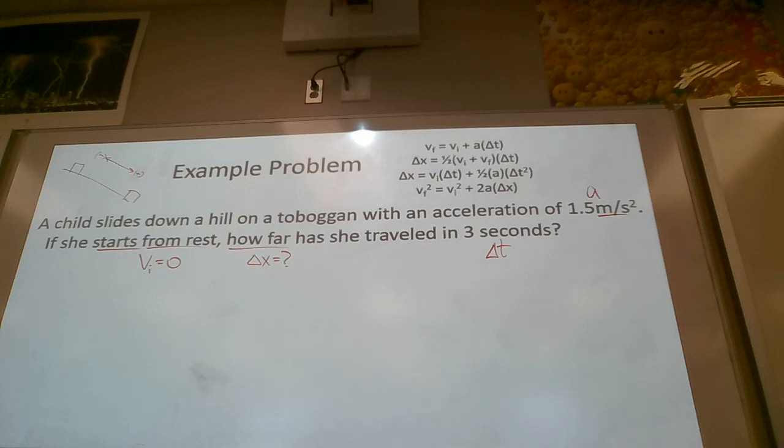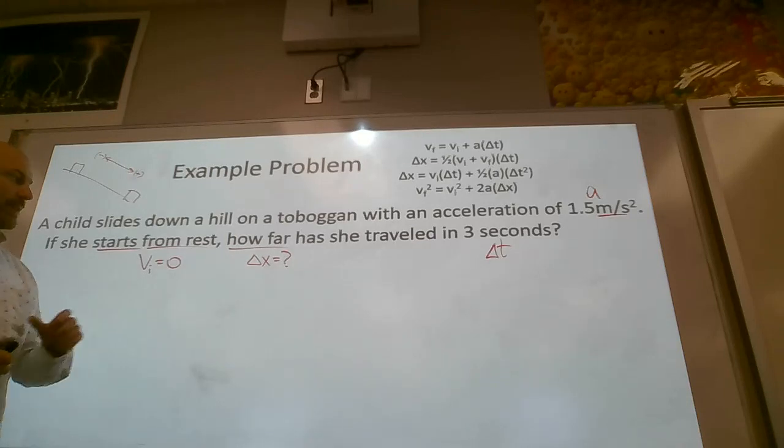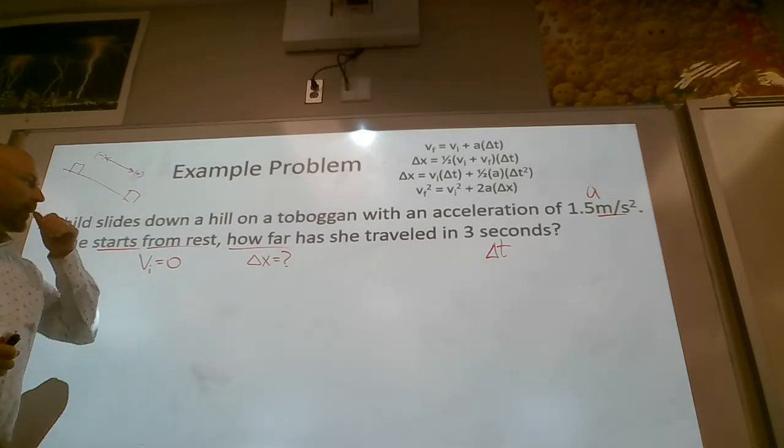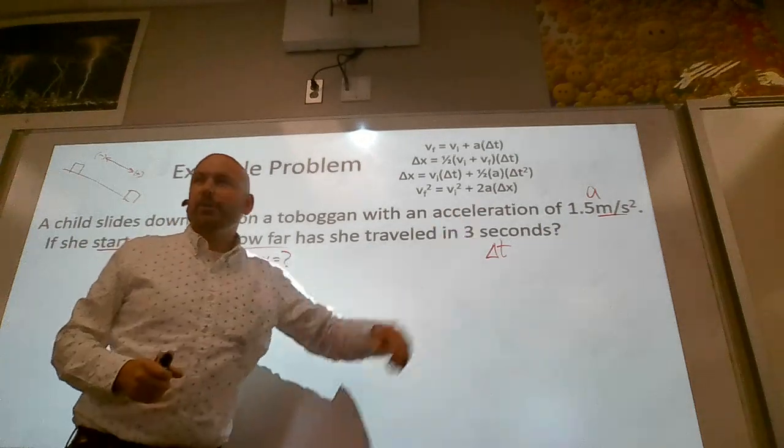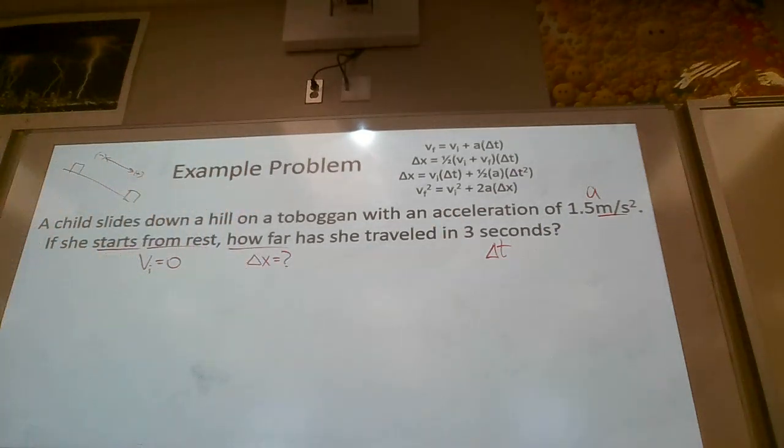Once you've identified all your variables, now and only now will you say, I wonder what equation I should use. Let me guide your thought process. You're looking for an equation that has all 4 of these variables, and only those 4 variables.